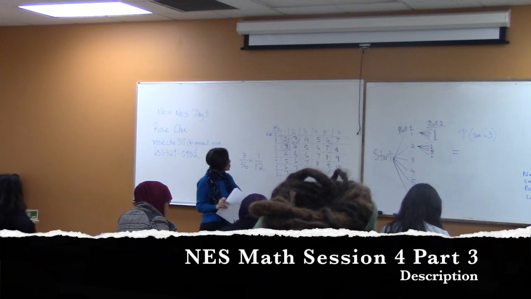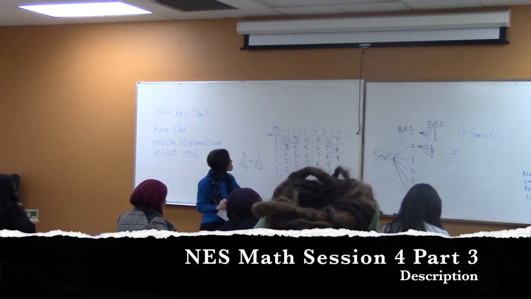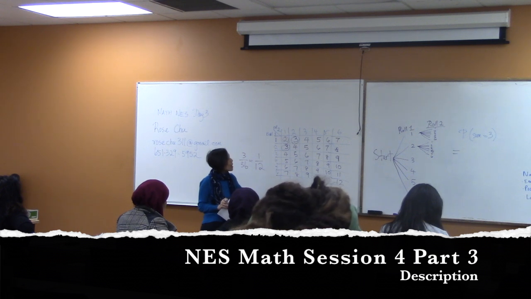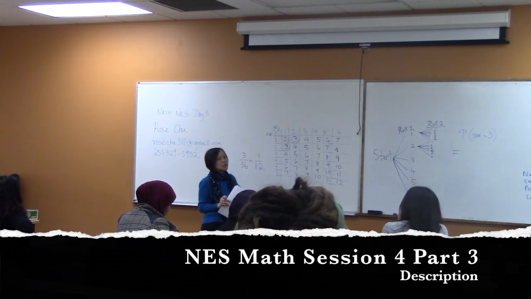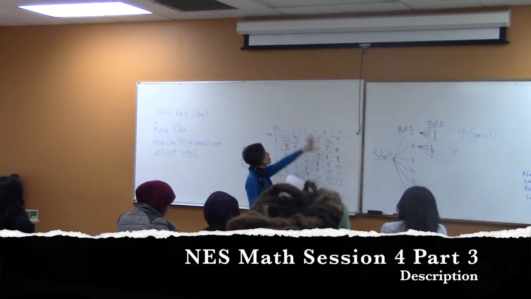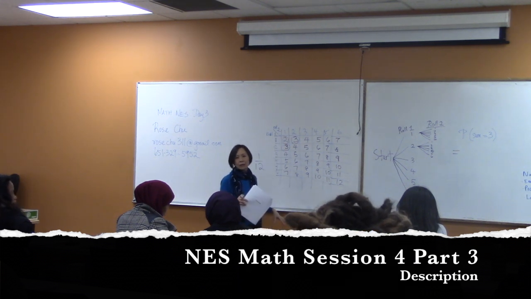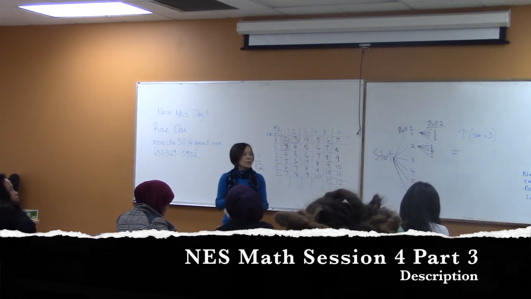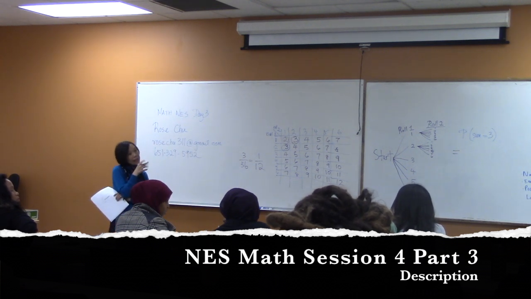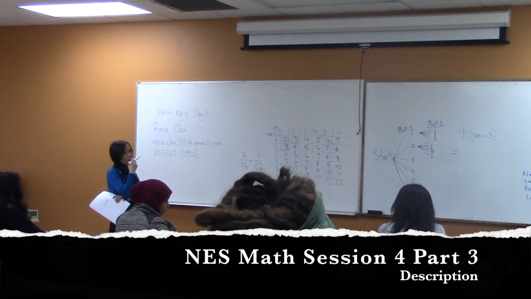So my question is, is there an easier way to do this problem without having to write out the 36 like this? There is. I might actually complicate it, that's why I don't want to do it.